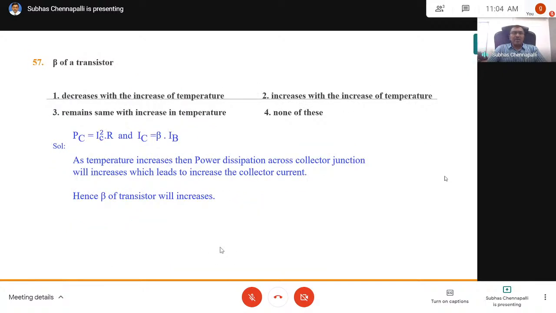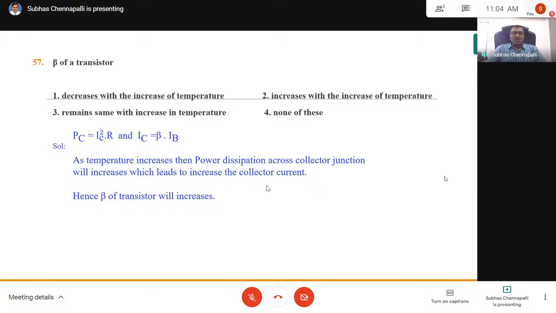Then, beta of a transistor with respect to temperature: will it increase or decrease? That's what the formula says. The collector power is IC squared times resistance, and IC is equal to beta times IB. When temperature increases, power dissipation across the collector junction will increase, which leads to an increase in collector current.